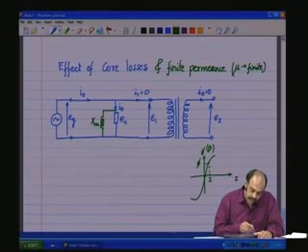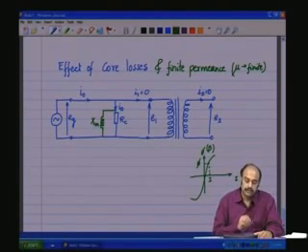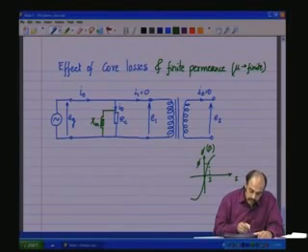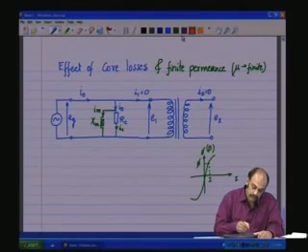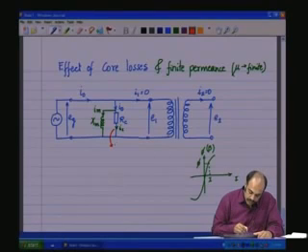So this I naught which is drawn from the supply is going to split into two components. One is IM and the other is IC. IC is that component of I naught which produces the core losses.